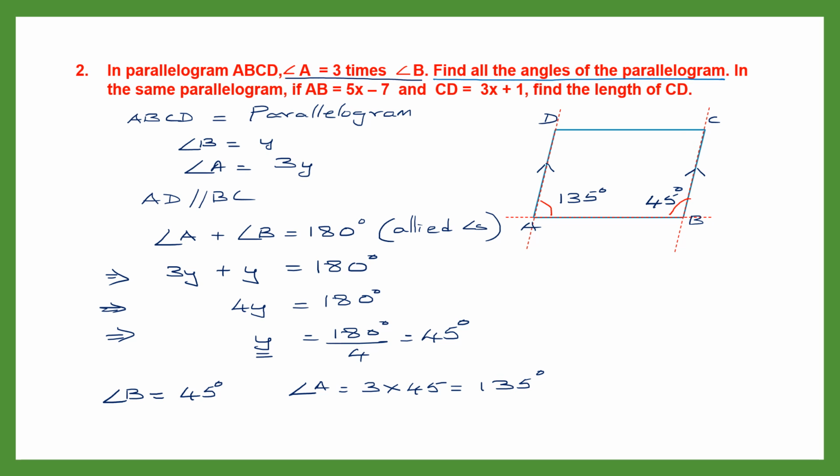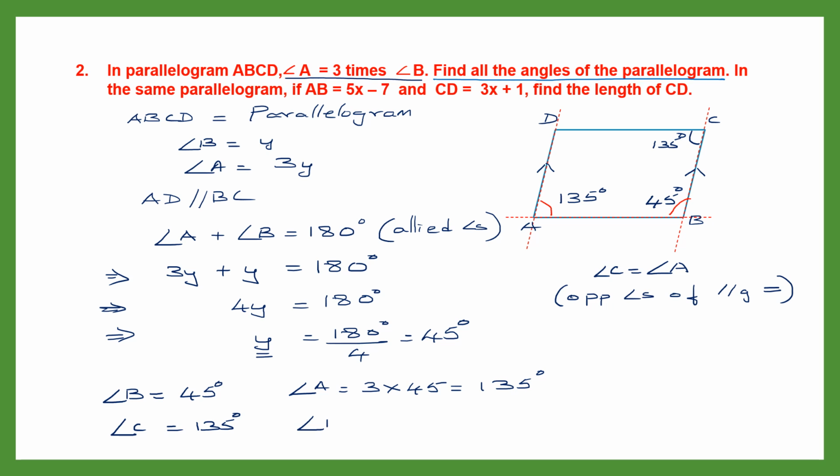So we can write that angle C is equal to angle A. And what is the reason? Opposite angles of a parallelogram are equal. So that means angle C is 135 degrees.